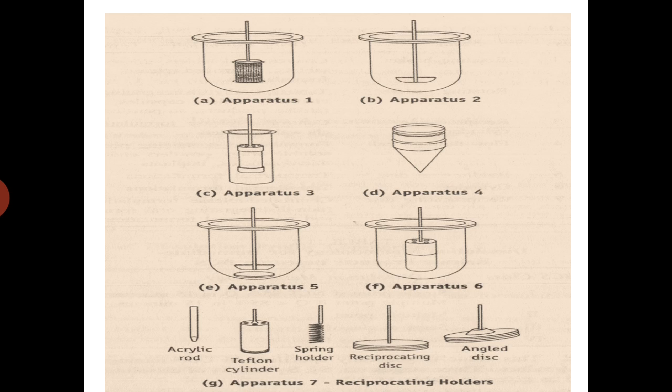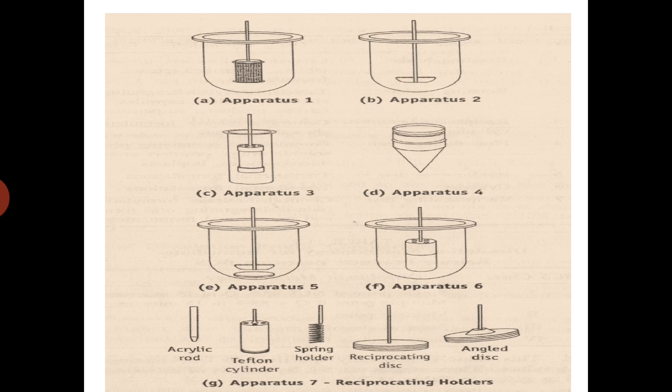The third one is the reciprocating cylinder. In the first and second apparatus, the paddle or the basket is rotating. In the third one, by name itself, it is a reciprocating cylinder. The speciality of the cylinder is that it is reciprocating, an up and down movement.